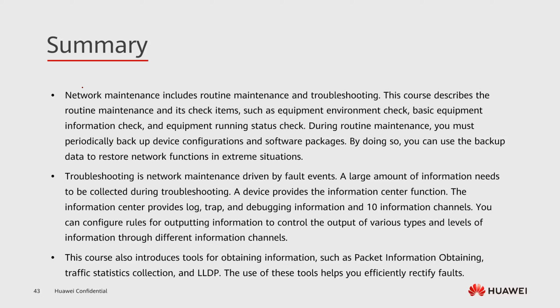Okay, let's see the summary. In this slide, we learned network maintenance, routine maintenance. We have given you some examples and some very useful commands. We also introduced some tools for obtaining information, such as packet information obtaining, traffic statistic collection, and LLDP.